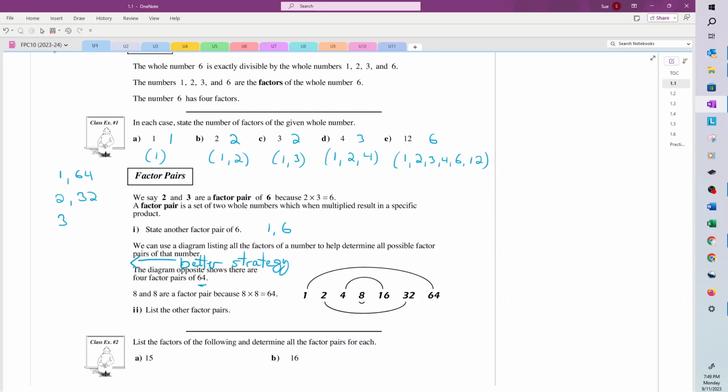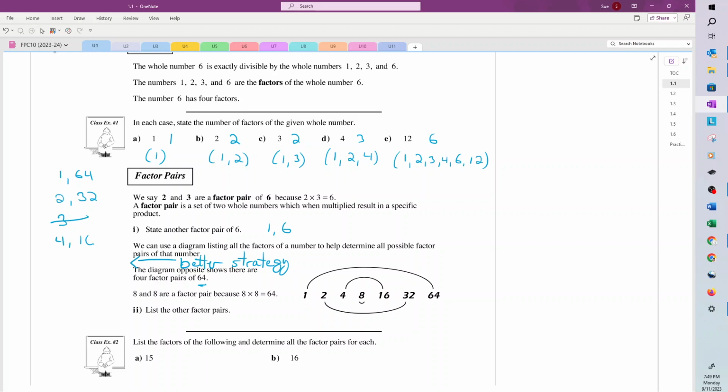And then I do 3. 3 doesn't work. There's no whole number that I can multiply 3 times to get 64, so I just put a line through it. But I write the 3 down because then I know that I've looked at it and it doesn't work. And this way I can systematically find all of the factors of 64 or whatever number I'm trying to factor.